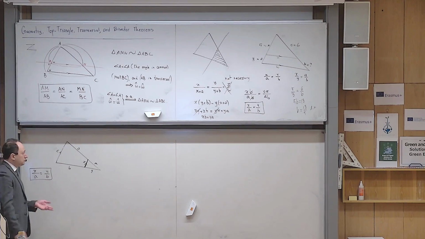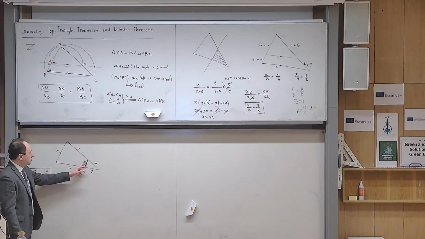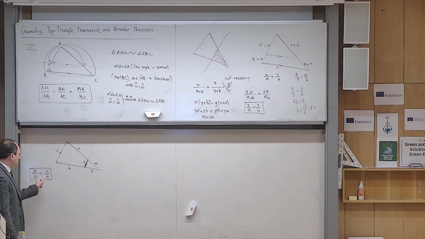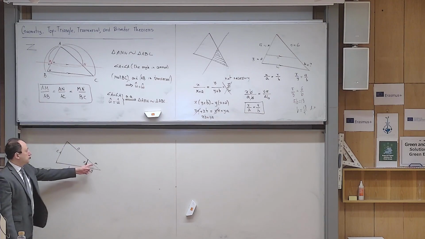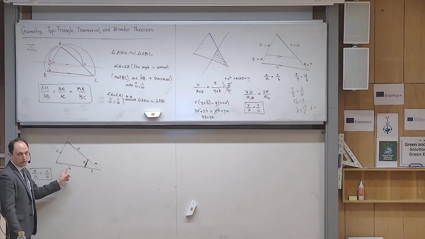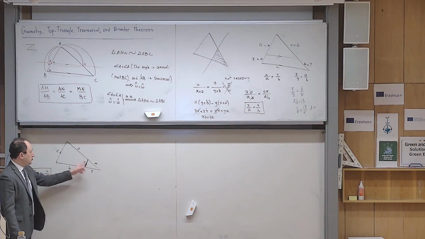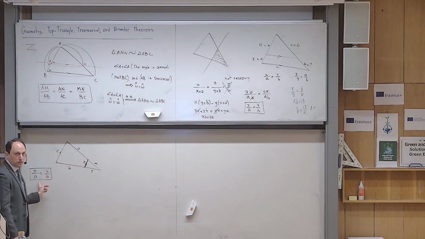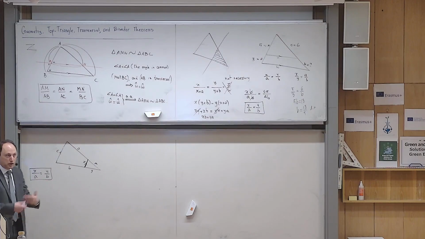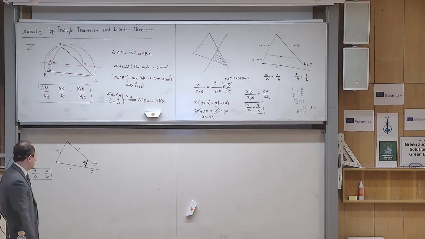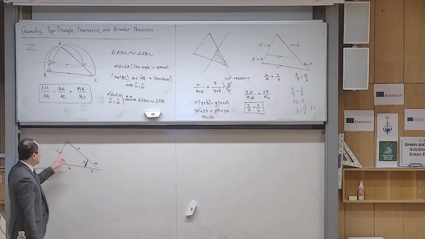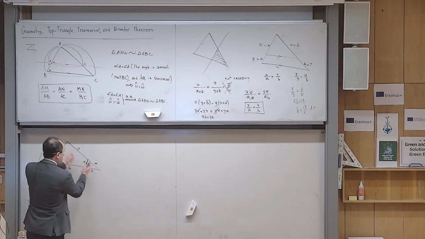But in some questions, they might ask you to know about the length of Z or C. So of course, this is not useful, because this is useful when you want to know something about these four parts. If you want to know something about this one and that one, this is not useful because you see Z and C do not appear. So this will not give you any relation between Z and C. So if you want to know something like that, then you have to decide not to go part by part.